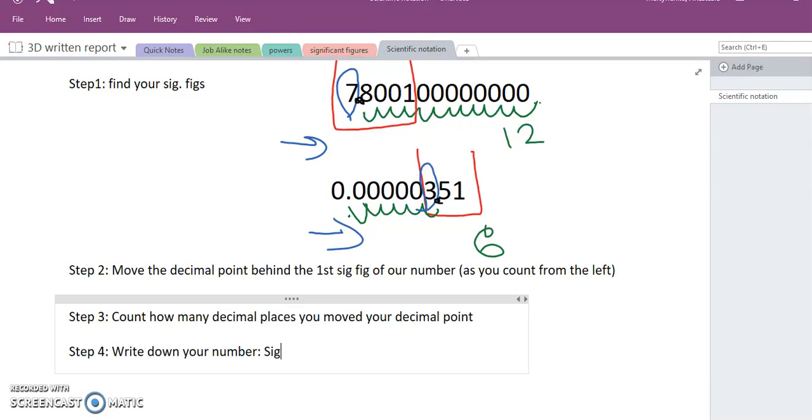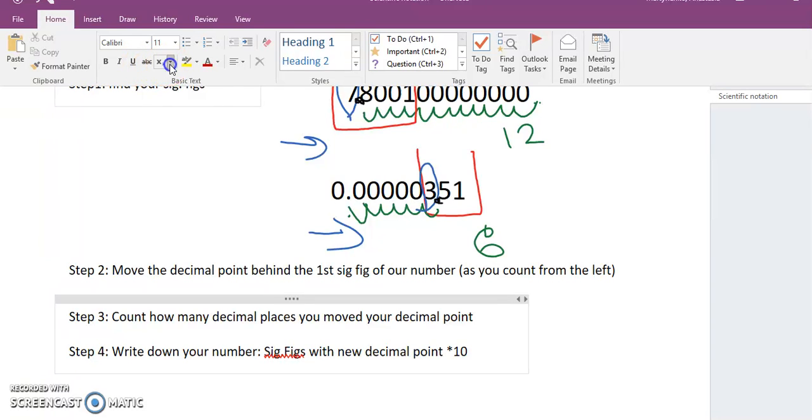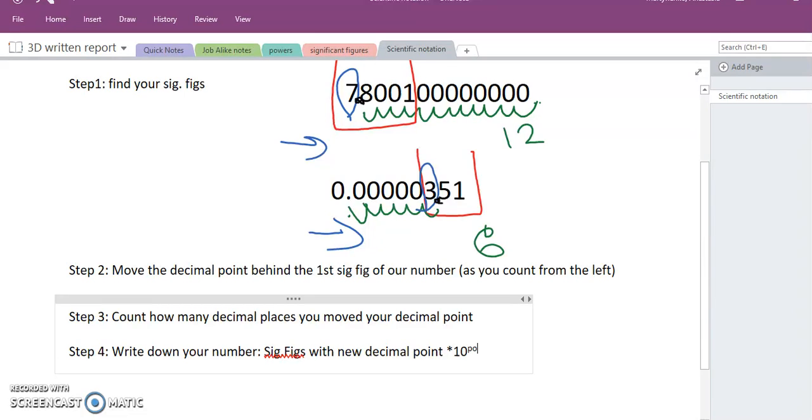You're going to have sig figs with the new decimal point times 10 to the power of the spaces you moved your decimal point.